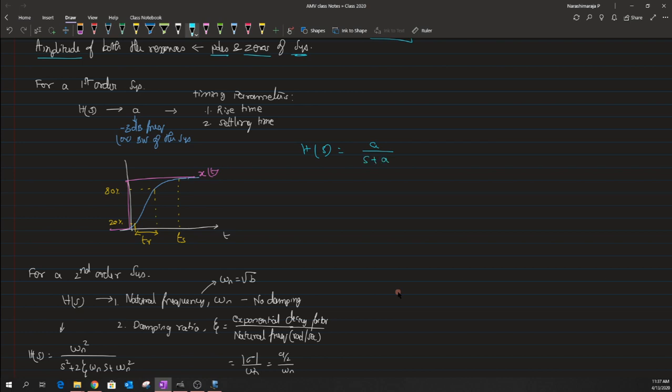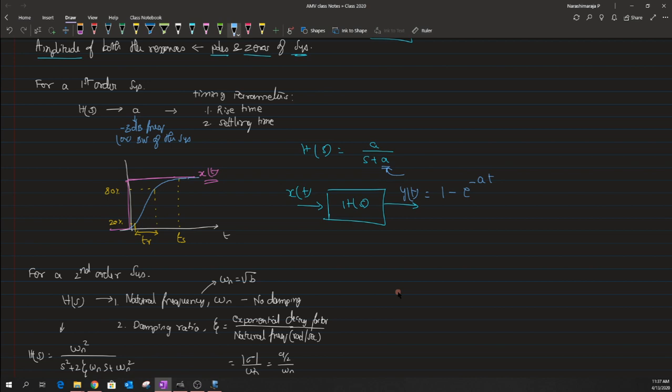For this, when we feed this first order system with an input x of t, which is a step input, given in this pink color, the output in general will have some sort of exponential graph, and one could define this exponential behavior with an output y of t, which could be defined as 1 minus e to the power minus a t. Here, this a is nothing but the pole of our system.